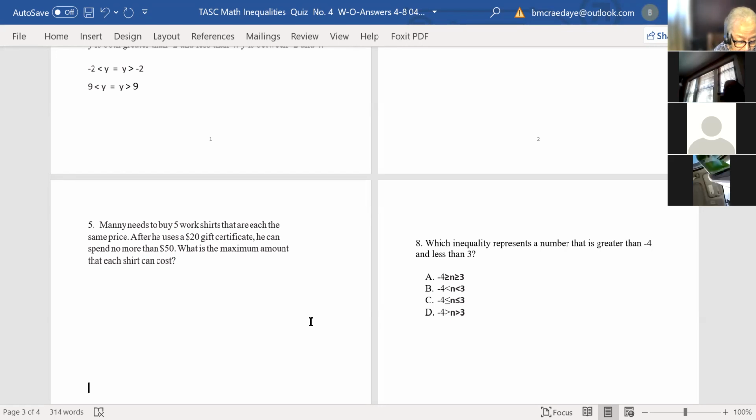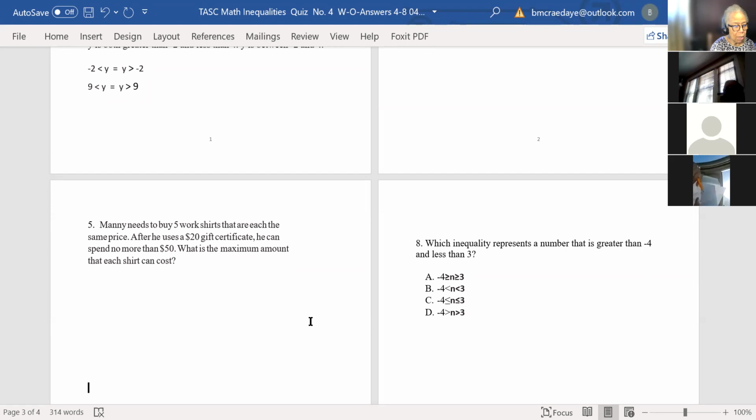We had 18 to 20. And then we will start on math inequalities quiz number 5. All right. Now, do you remember this problem, Maureen? I know you're traveling, so you probably don't have your work with you, do you? You have it with you?